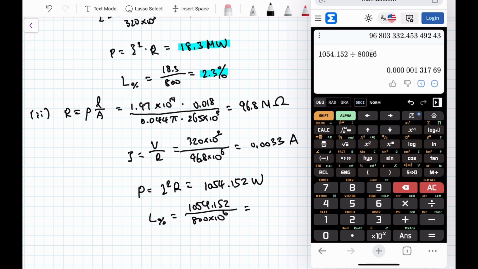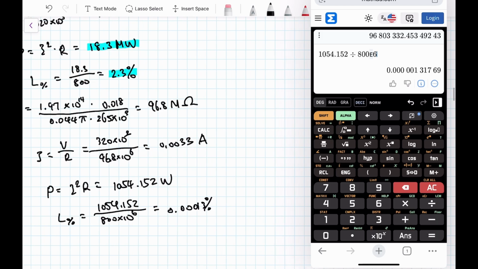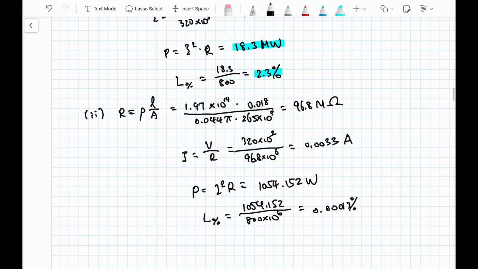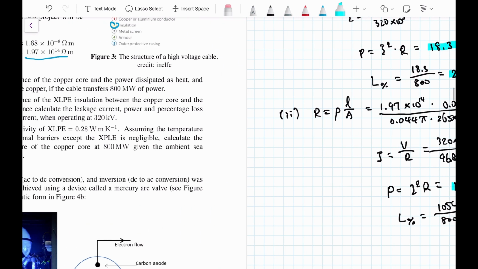So that is around 0.00013%. And that will be the answer to the question. So that's this part, and then the current as well, the power, and the percentage loss. And then let's see part 3.